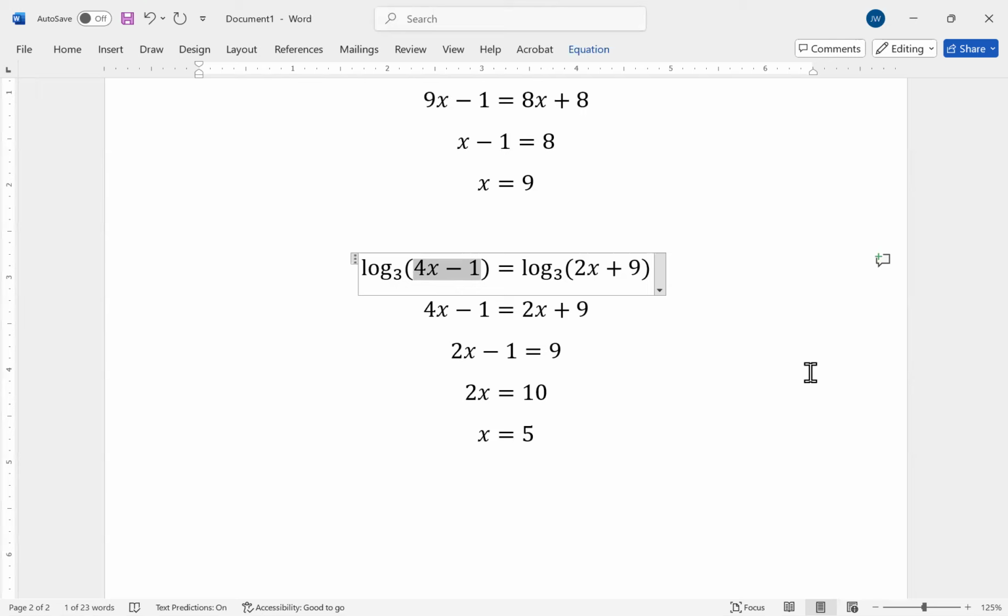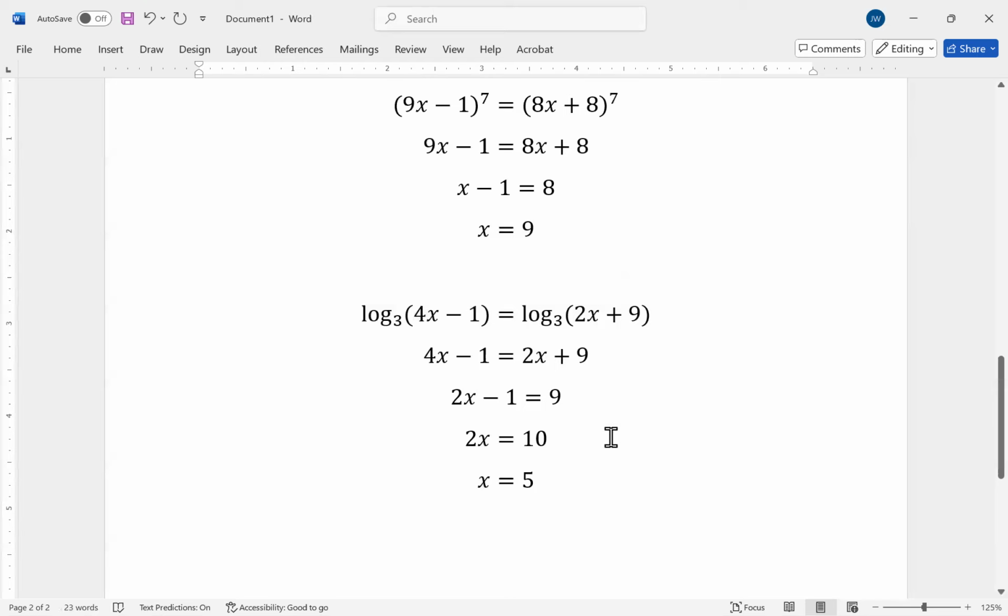And therefore, I do get a legitimate solution because my argument in there is 19 in both cases, which is positive, which is perfectly fine. So that's how we can utilize these same base, same power rules with logarithms and exponential equations.